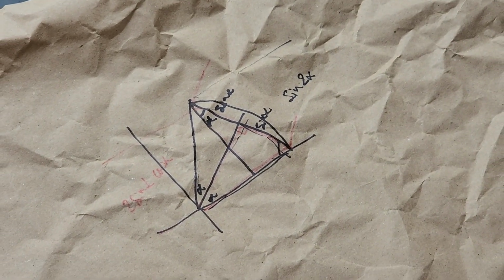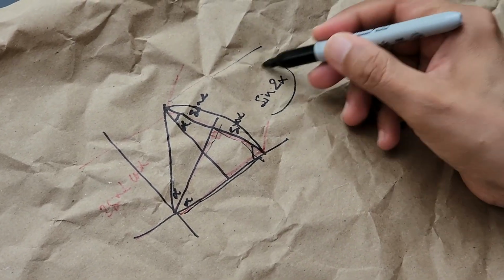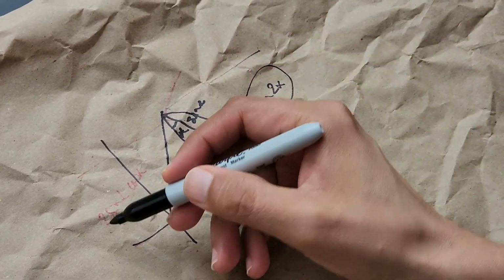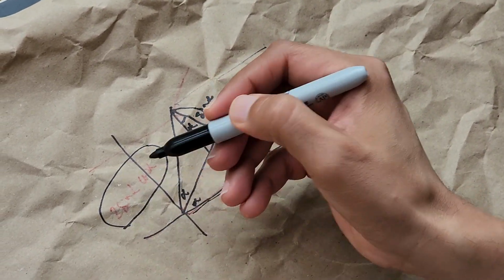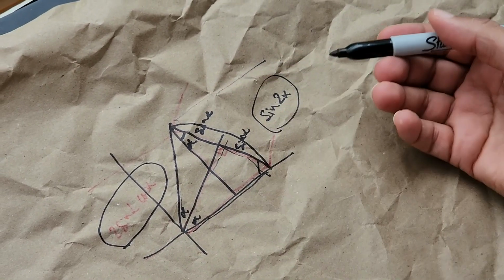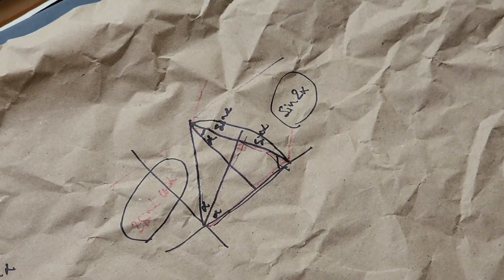So we can see that we had the sine 2 alpha and 2 sine alpha cosine alpha, and they're the same. Yeah, baby, too good.